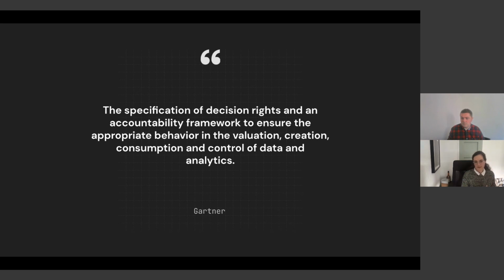definitions is that this definition doesn't actually talk too much to the value that data creates. It's all about ensuring appropriate behavior and control. It doesn't really talk about how, if you enable someone with the right level of access, you can give them more control.